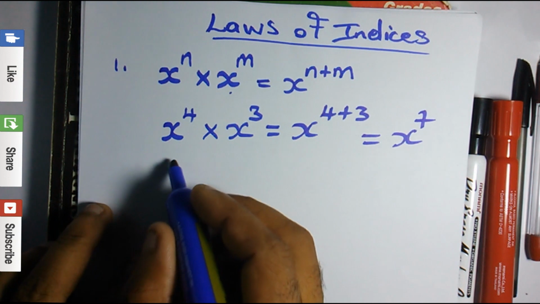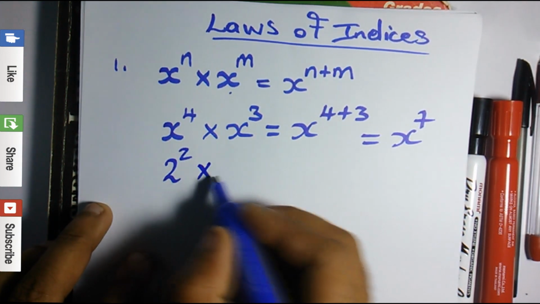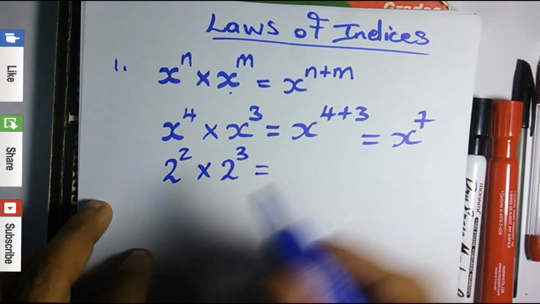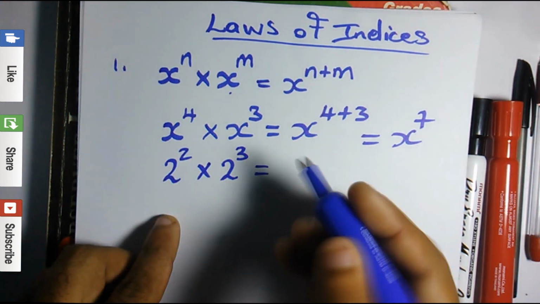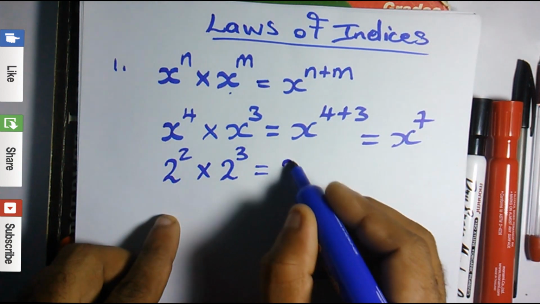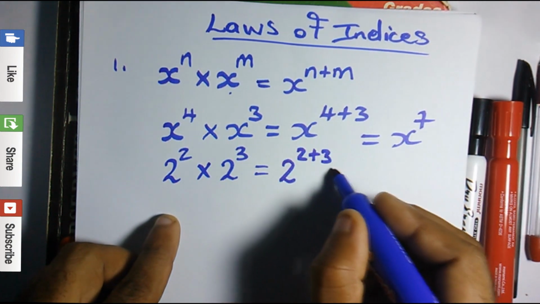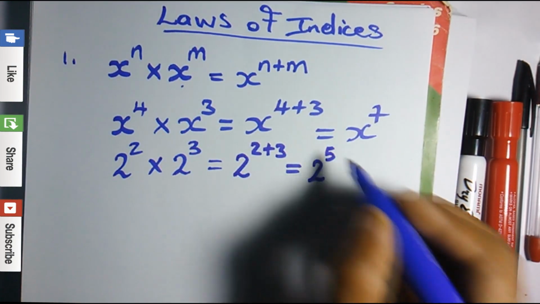Or we could have, for example, 2 squared multiplied by 2 cubed. Bases are the same, we add the powers, an application of the law of indices, so it will be 2 to the 2 plus 3, which is equal to 2 to the 5th power.